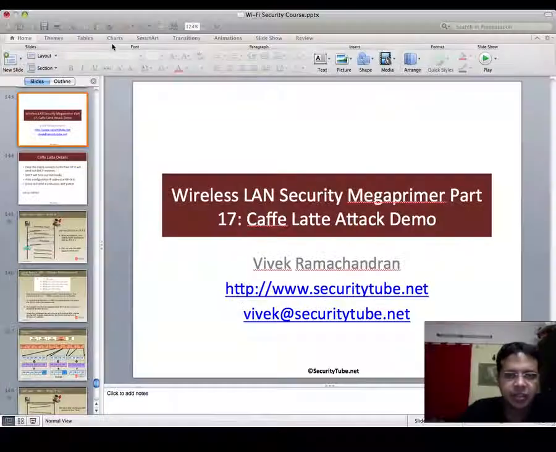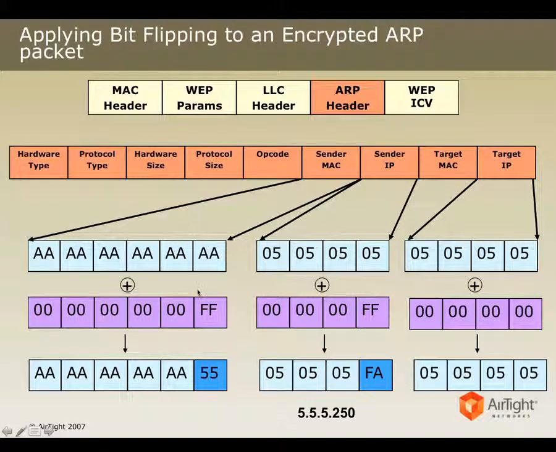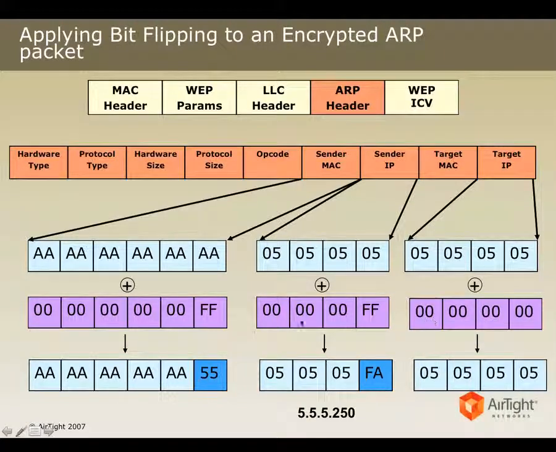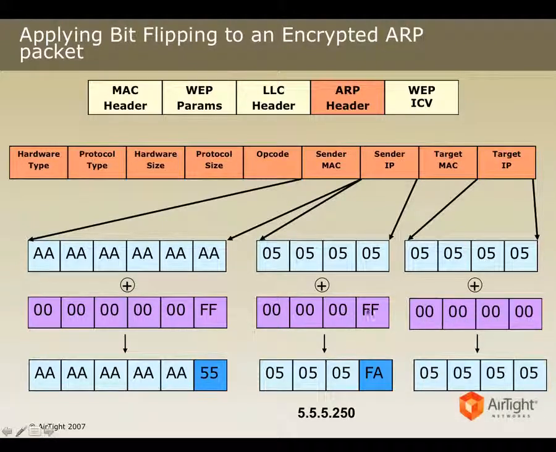So referring to the slides, this modification is done by XORing the encrypted packet with this bit mask, right? Now if you ask why this bit mask, the reason is very simple. We really don't care what we change in the MAC address, because any change in the MAC address is just a new MAC address. And we just change the least significant byte by XORing it with some value.